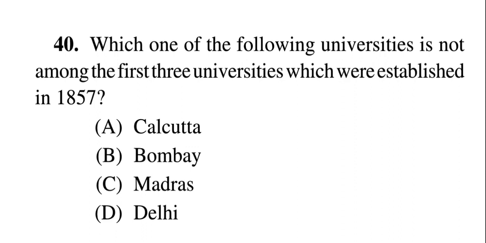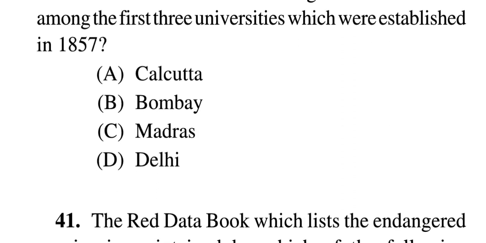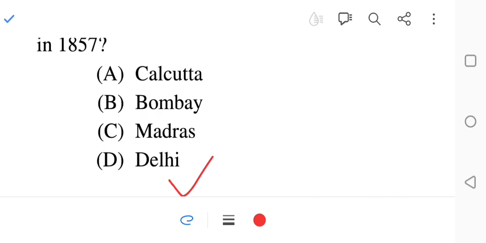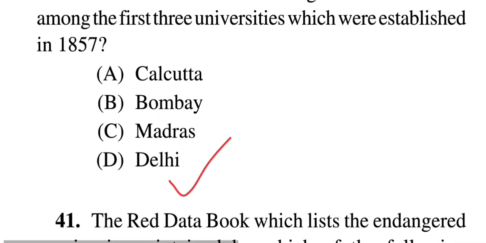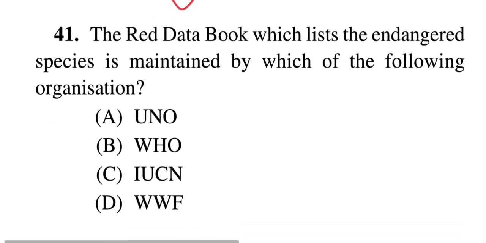Calcutta, Bombay, Madras, Delhi. 40. The correct answer of 40 will be D, that is Delhi. Delhi was established later. The rest, Calcutta, Bombay, Madras, were the three universities established in 1857 when the Sepoy Mutiny occurred, if I'm not wrong.